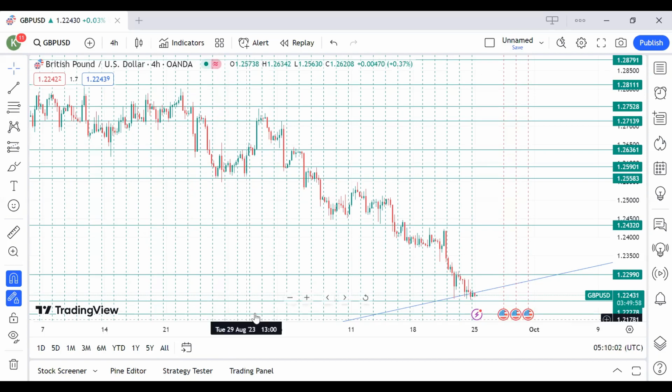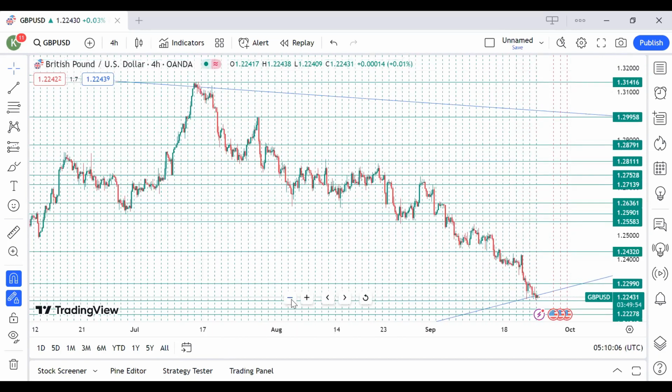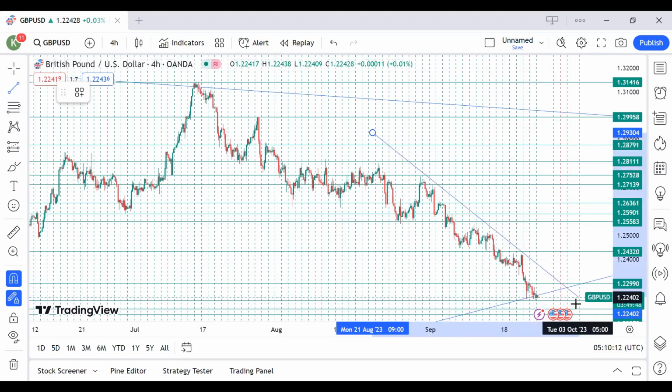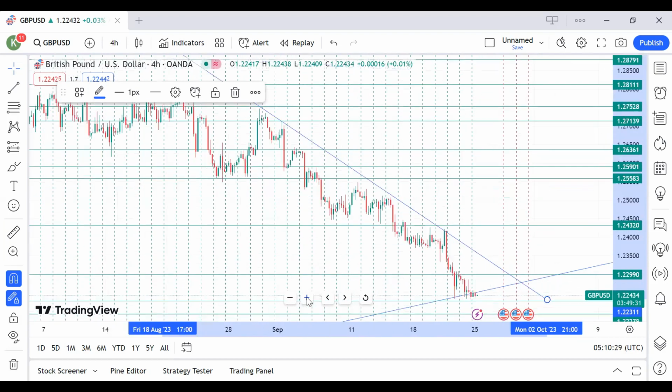So on this 4 hour time frame, first of all, we're going to look at the trend. Obviously, we're still on a downtrend from the 4 hour time frame, so we're going to identify that. These are part of our factors for looking out for entries. After looking at the trend, the next thing we're going to observe is the price actions.